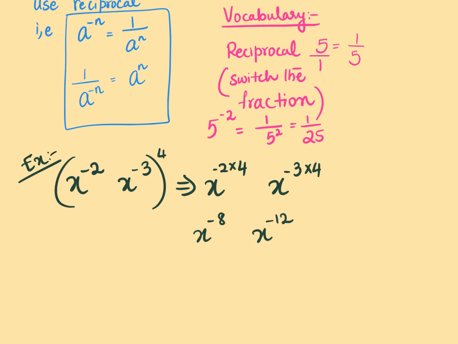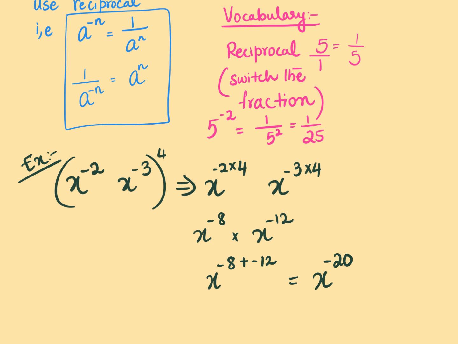Remember, I told you if the two letters are right next to each other, you need to treat the operation between them as multiplication. So when you have the same bases and you're multiplying them, what do you do to their powers? You add their powers. Negative 8 plus negative 12, and you will end up with x to the power of negative 20.